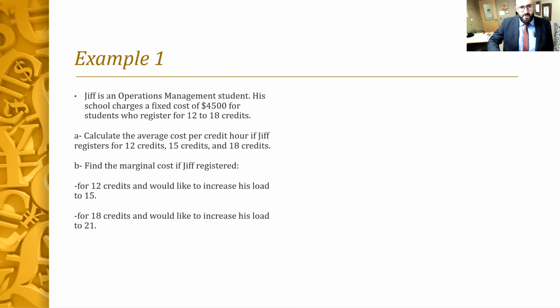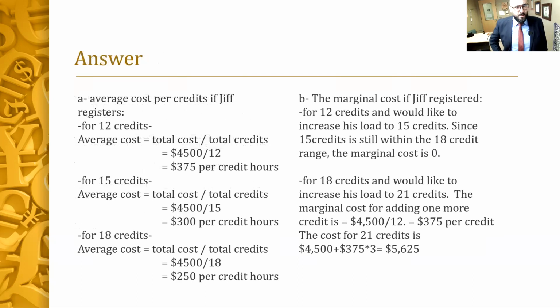All right, let's start with part A. As you see here, the average cost per credit if Jeff registers for 12 credits would be the total cost, $4,500, divided by 12 credits. And that will give you $375 per credit.